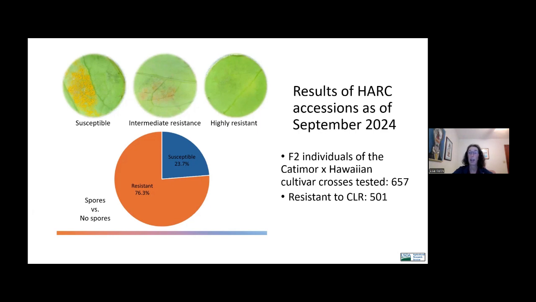And as of this month, testing over 650 crosses, we see at least 500 showing resistance to coffee leaf rust, which is very, very promising.